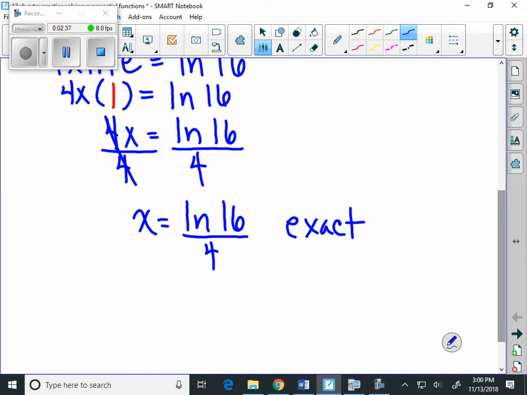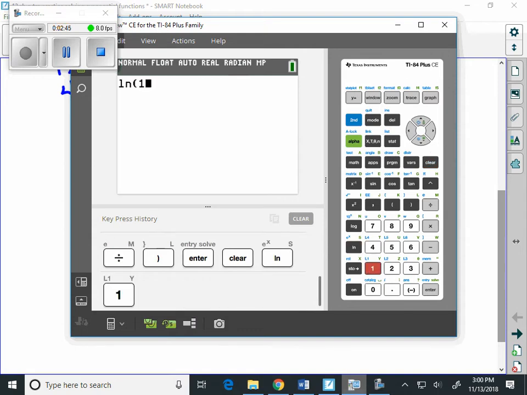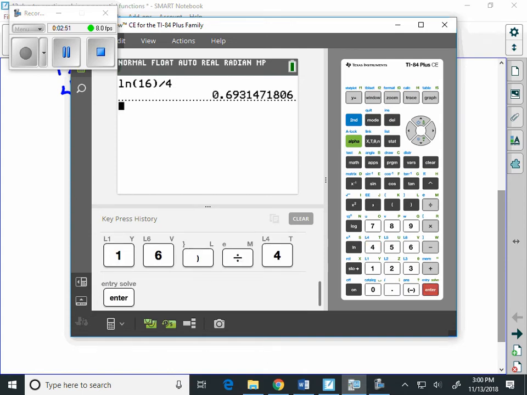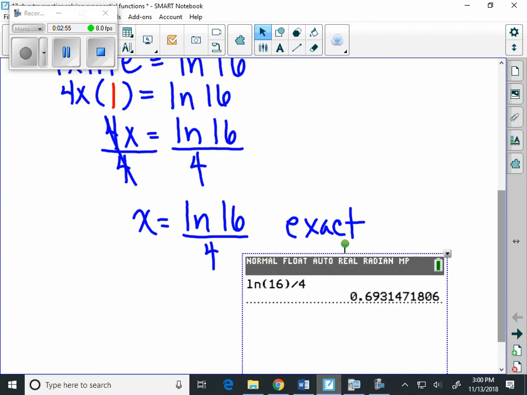If we want the approximate, we can pull out our calculator and type in the natural log of 16, close the parentheses, divided by 4, and that will give us our approximate value.